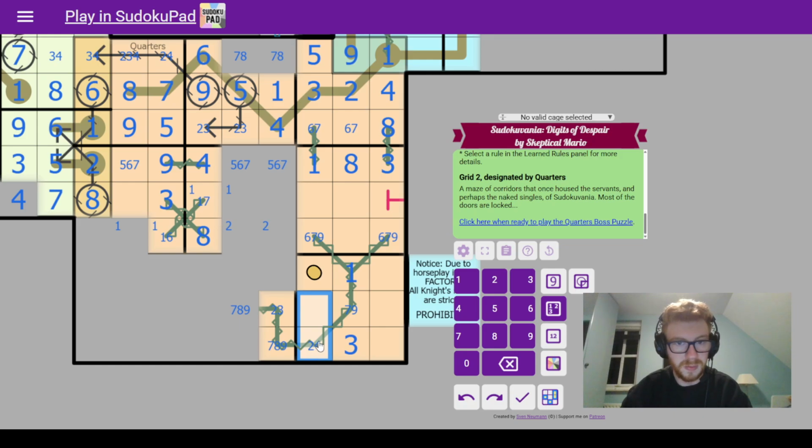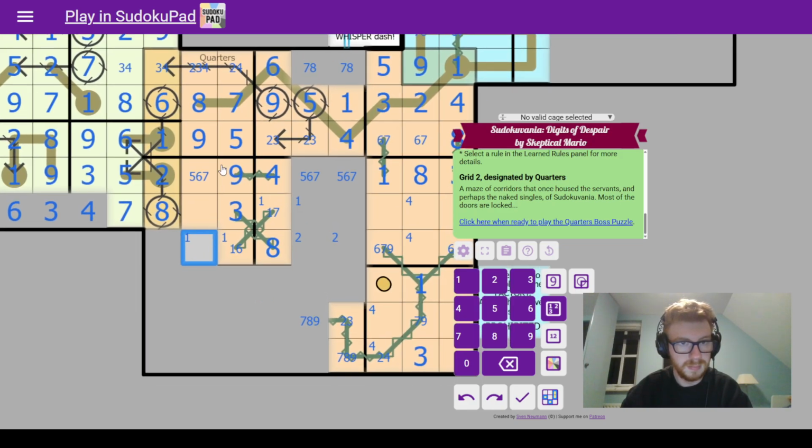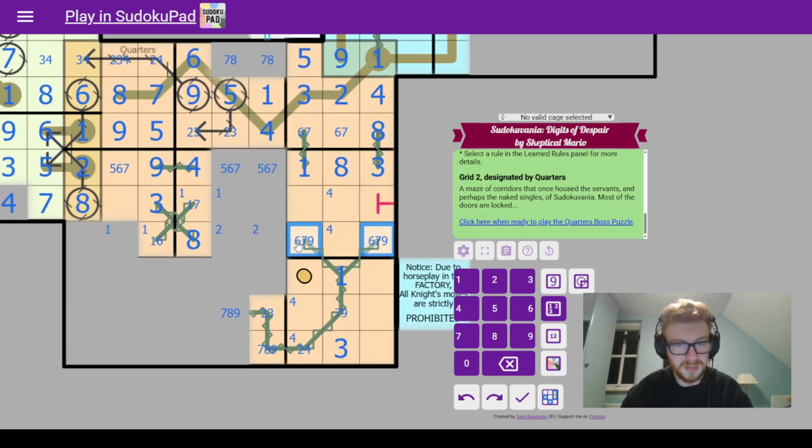One of those is a 4. Yeah, so one of those is a 4. I kind of want this to unwind so I can finish this courtyard. But I'm not sure if that's going to happen.